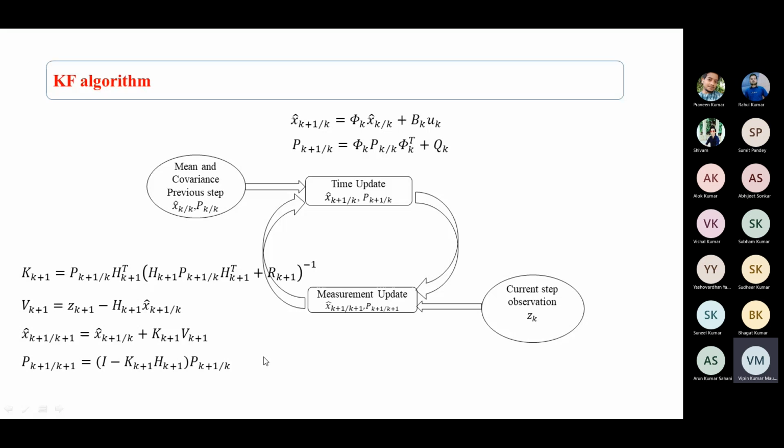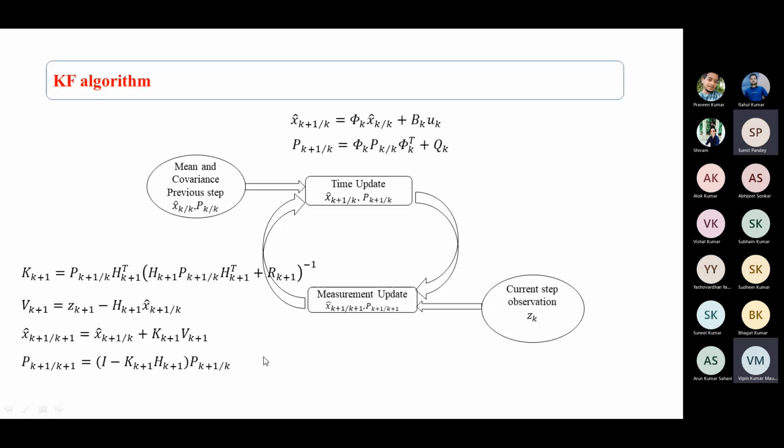Simply think like this. We have the observation at T1 and T2. Using the observations of T1, first we are predicting the value of T2. After prediction, we have to correct the predicted value. To correct that value, we are using the observations at T2.